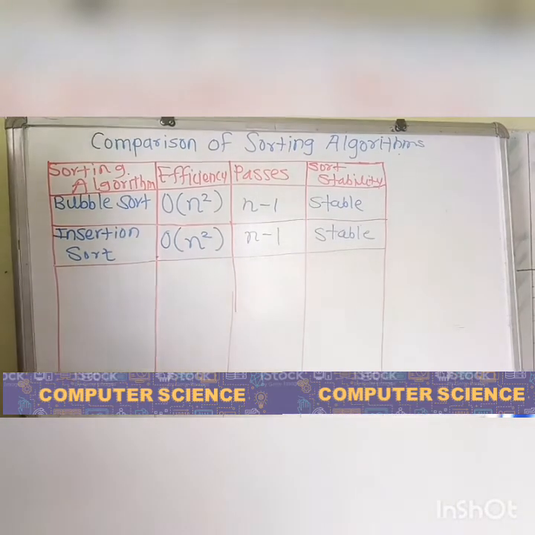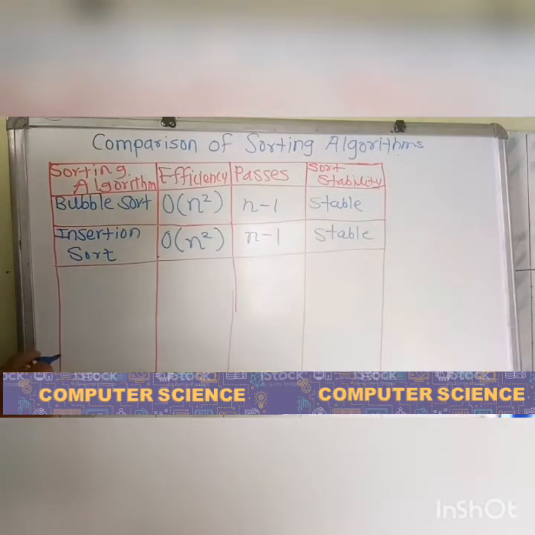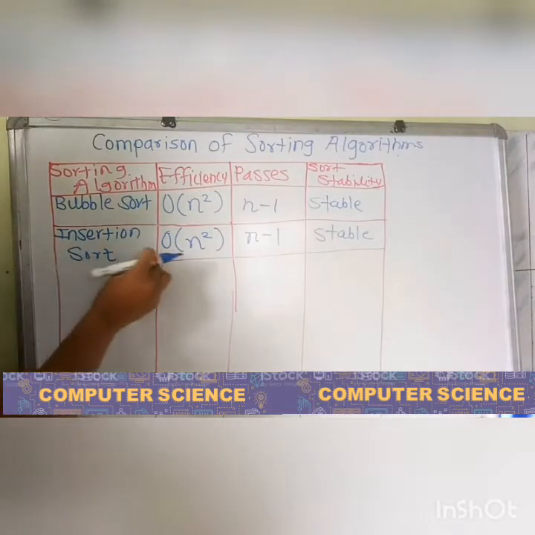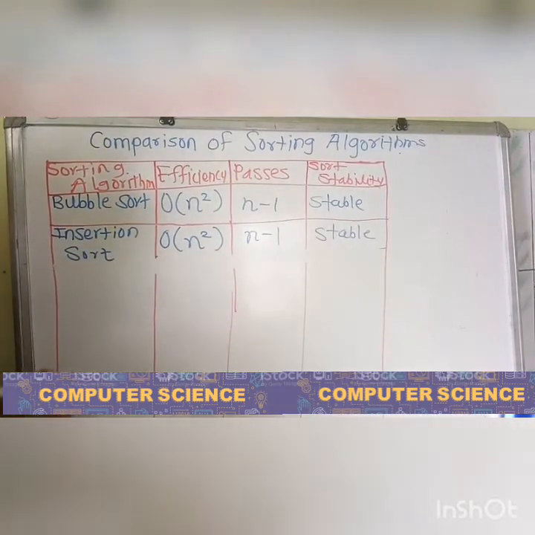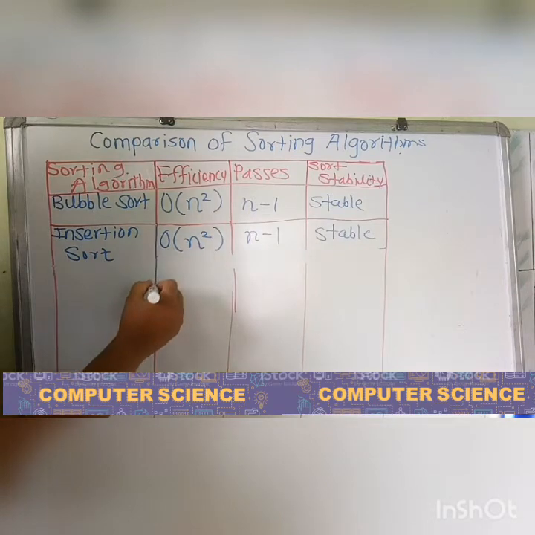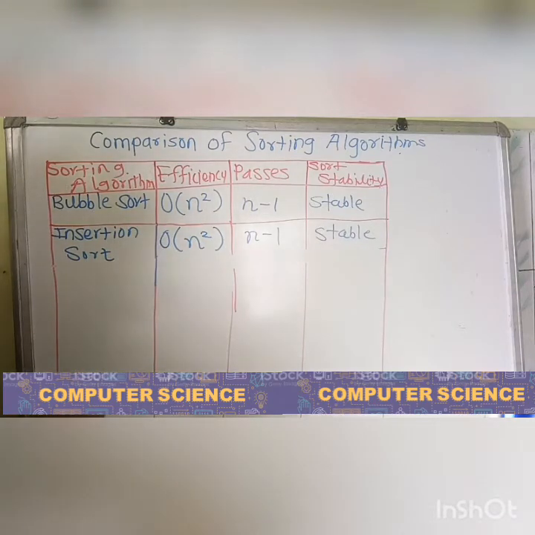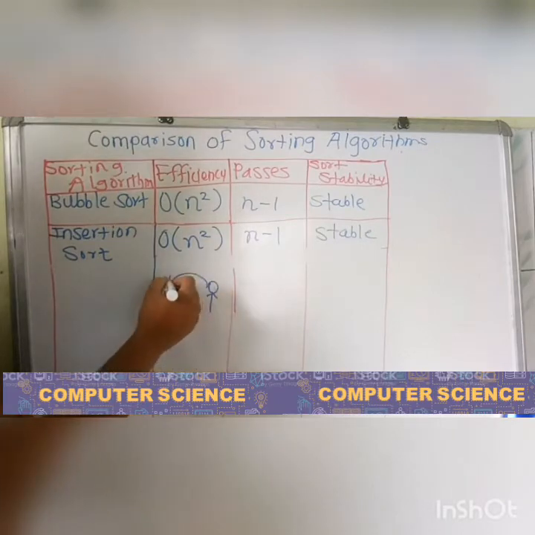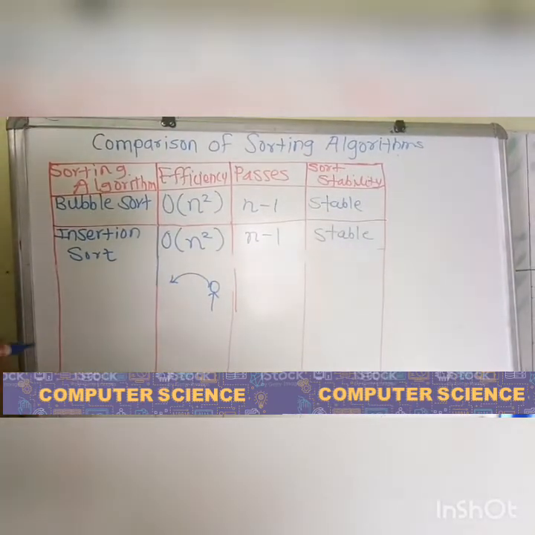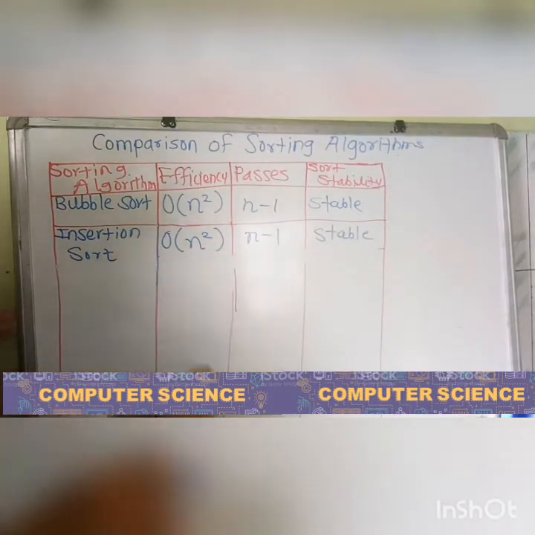But we have to consider two cases about the insertion sort. As it is inserting elements, it will pick any one element from a list and insert it into its correct position. It will vary its behavior for the best and worst cases.